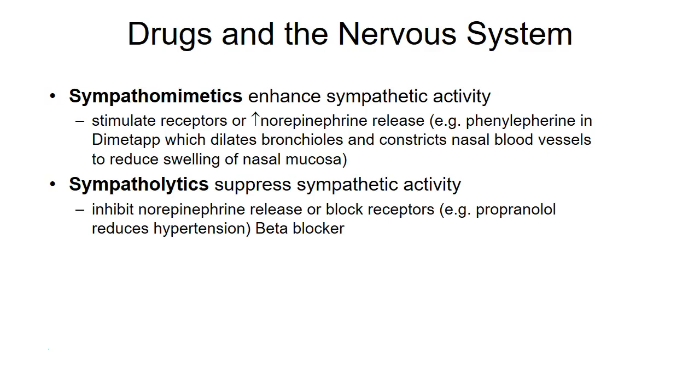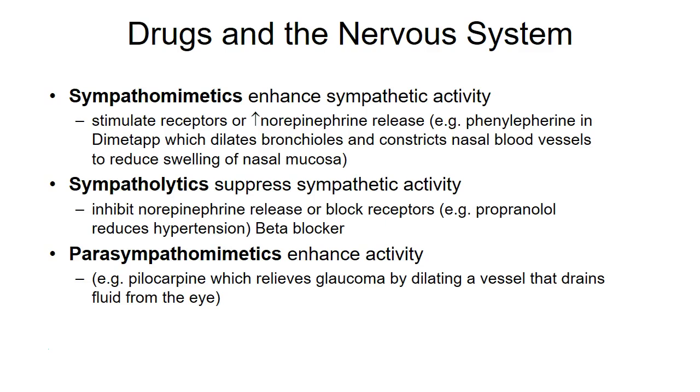Someone who has a sympatholytic on board in their bloodstream goes out hiking and sees a bear. Is their heart rate going to go up as much as if they didn't have that on board? Probably not, because we're blocking that effect. Beta blockers are an example of that. We'll talk more about the details when we get to the cardiovascular system.